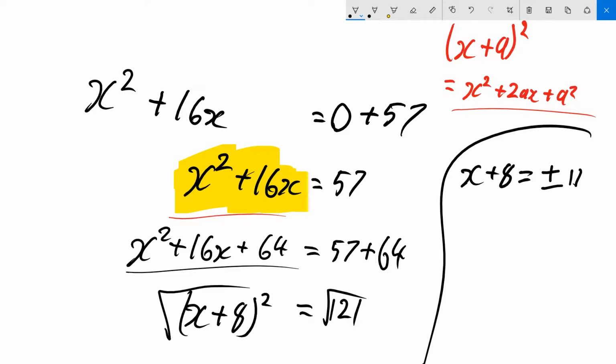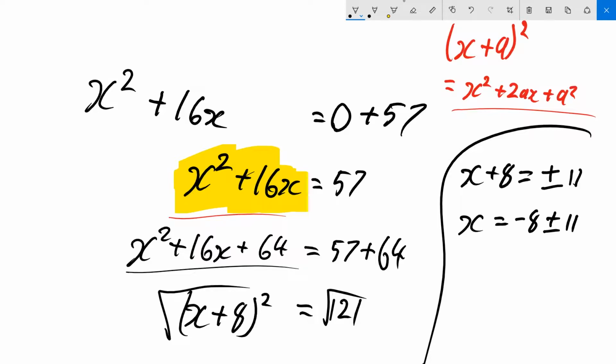The reason why we have a plus or minus 11 is because we recognize that 121 could be either negative 11 squared like that, or just 11 squared here. So with that in mind, plus and minus 11. Okay, so now we minus 8 from both sides. x is equal to minus 8 plus or minus 11.